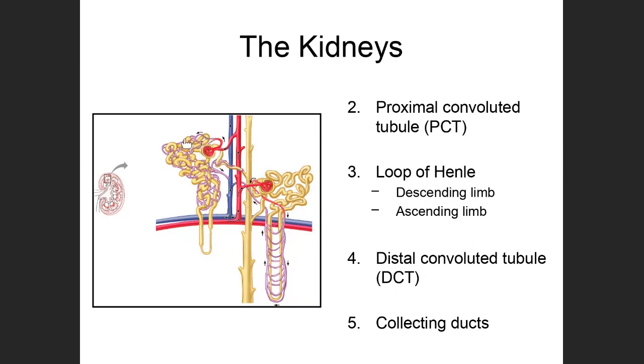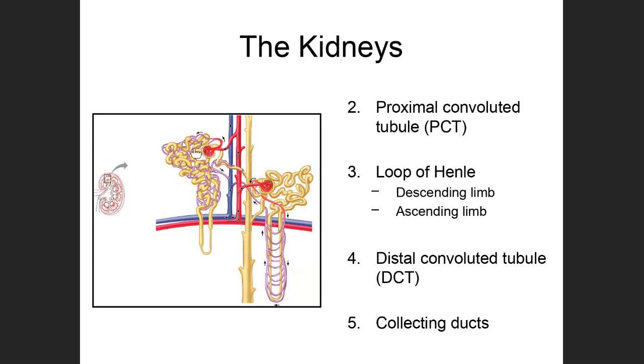And the reason that it's so twisted and it turns and it's long and it's convoluted is because remember up here when we filtered the blood, we pushed basically everything out of the blood because it was small enough to go. So really the only things that stayed in the blood were large proteins found in the blood and also the blood cells themselves. Everything else got filtered out. Effectively, all of your water, most of your water, vitamins, minerals, things that we need to get back for the health of the body.